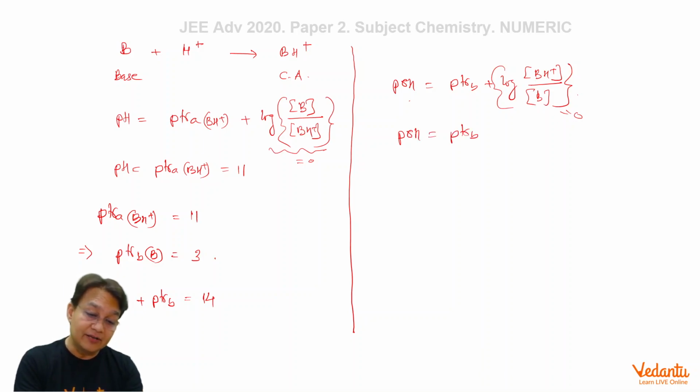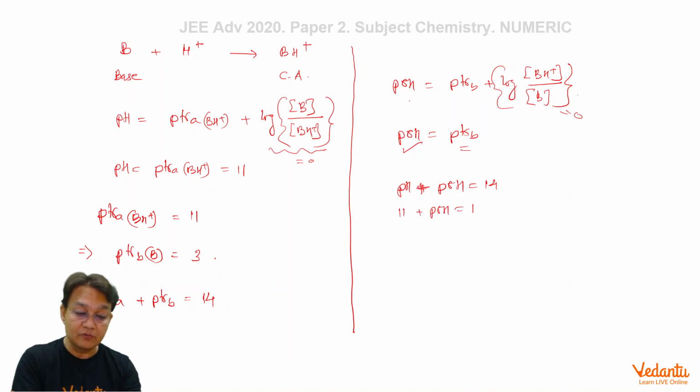But to get the value of pKb, we need pOH at the half equivalence point, and we can get it from the formula pH plus pOH is equal to 14. Since pH was 11 at the half equivalence point, 11 plus pOH is equal to 14, and that gives pOH is equal to 3. Substituting in this equation, we get pKb is equal to 3.